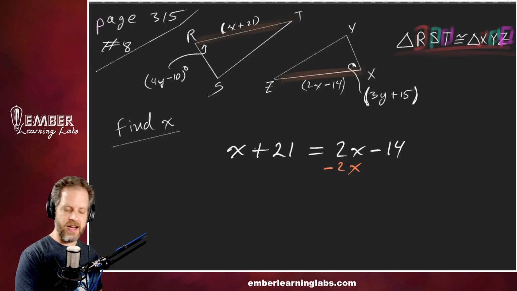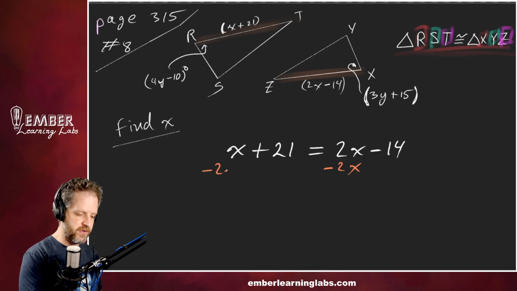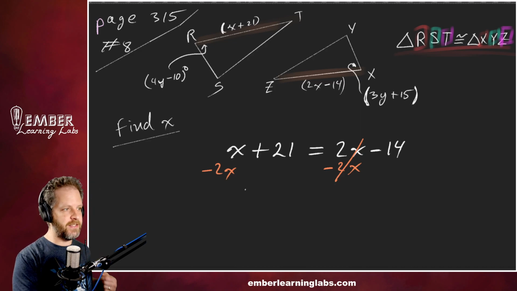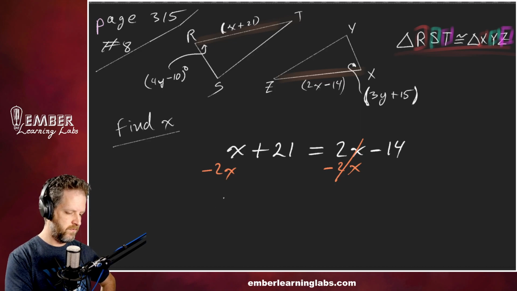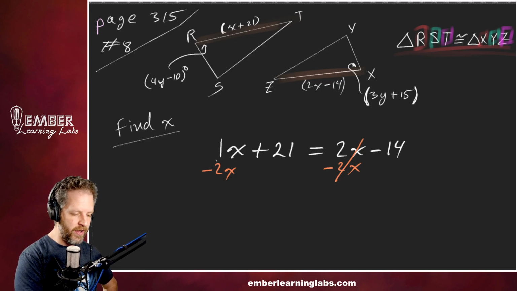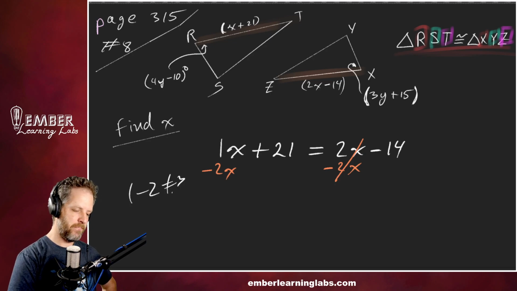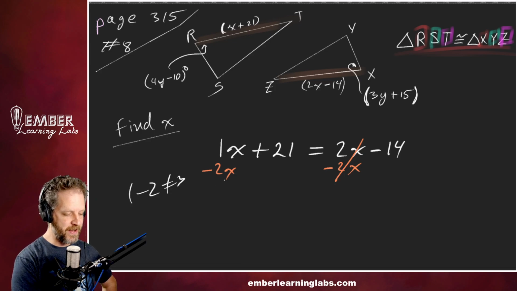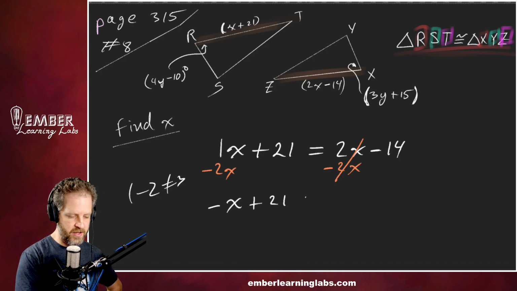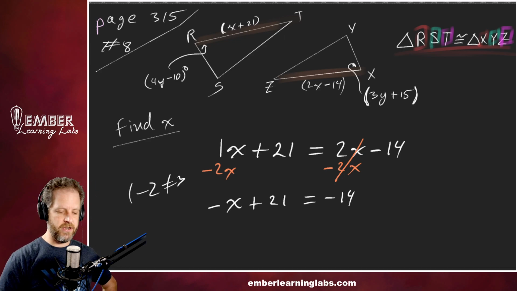If we do it on this side, we also do it on this side, so minus 2x, and that would cancel. Then x minus 2x is what? Now you're adding again, but we've got 1 minus 2, and 1 minus 2 is not 3. It's negative, because the bigger one's negative. So negative x plus, we just bring down the things we haven't touched, negative 14.